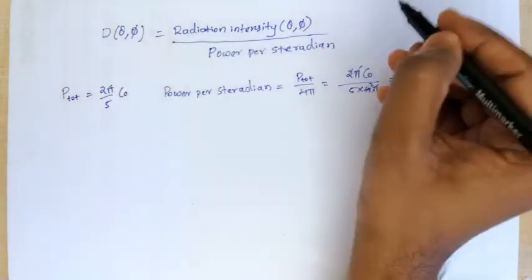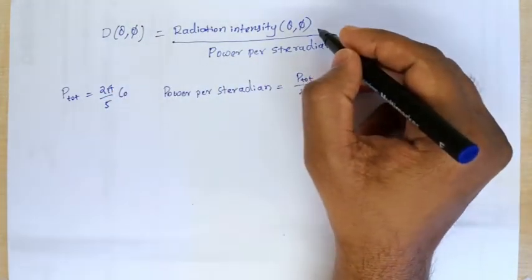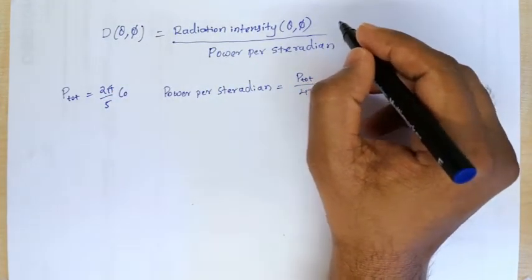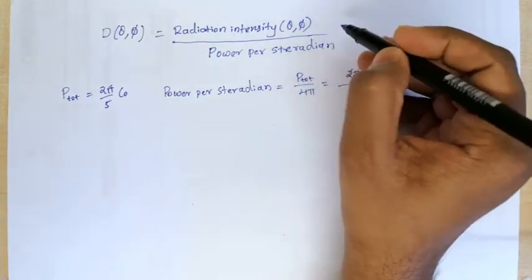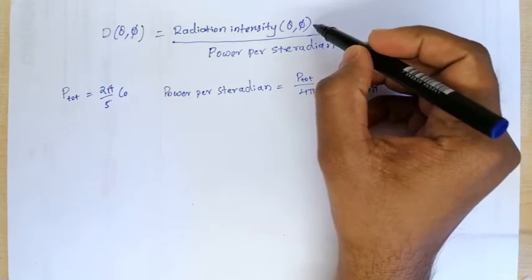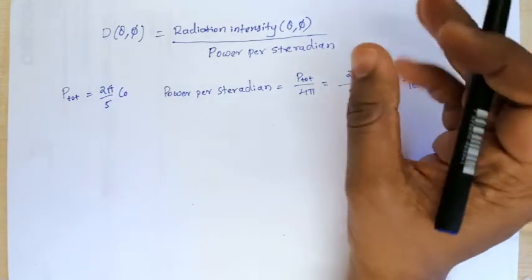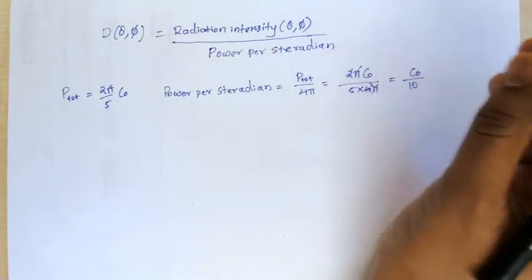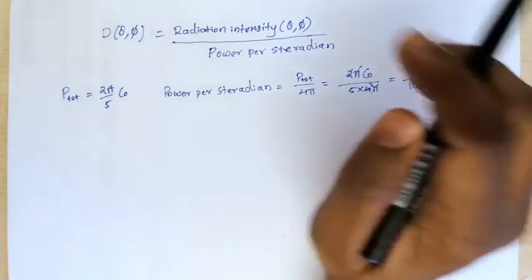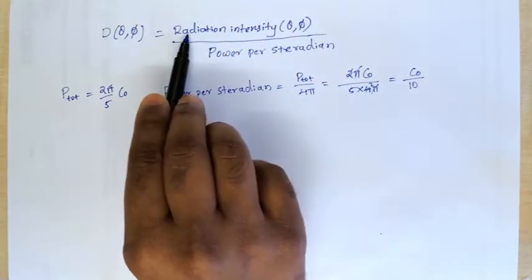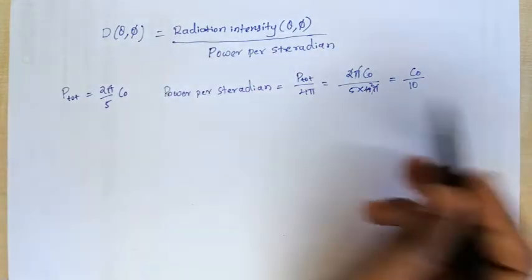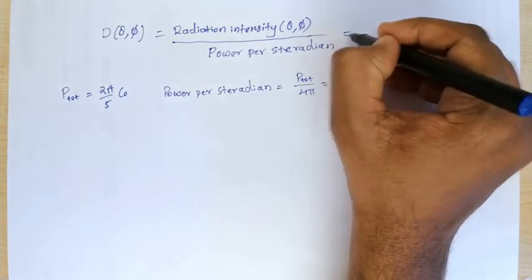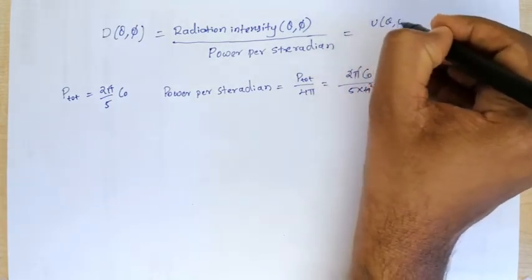The radiation intensity can be found by checking the units of this one. The units are the amount of power in each steradian. So we can write the radiation intensity as U of theta phi.